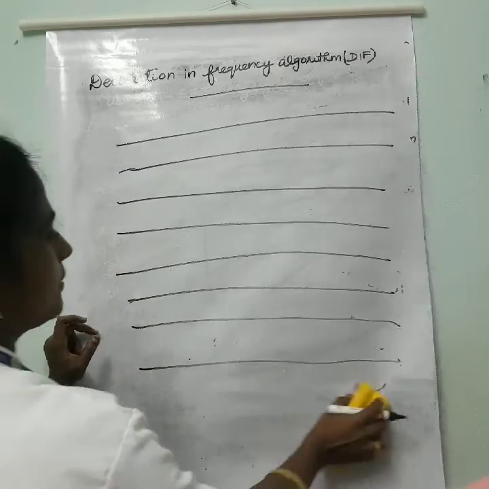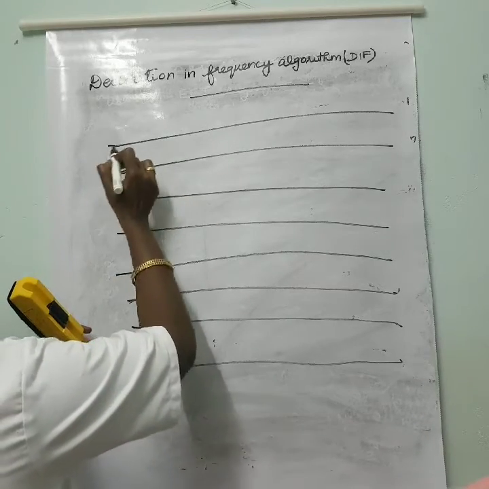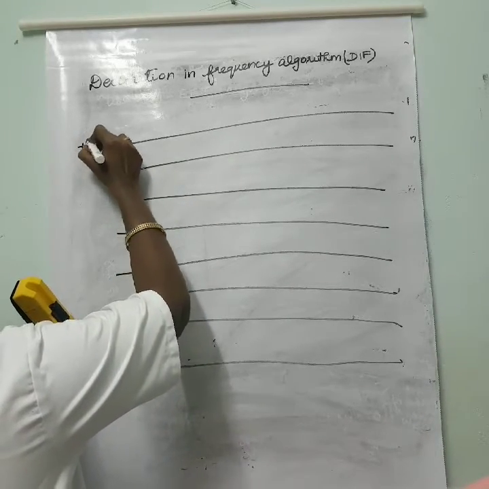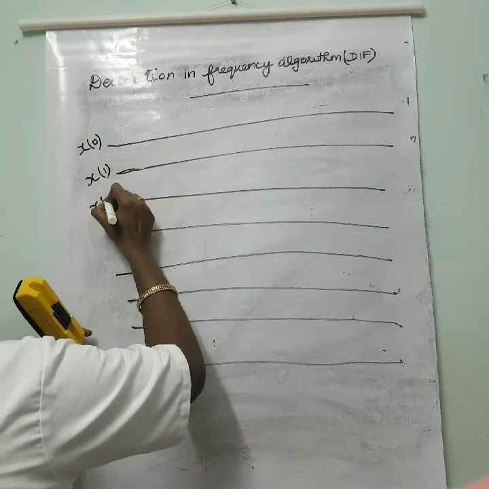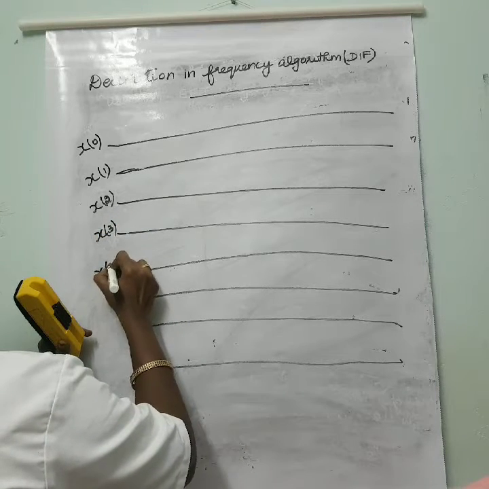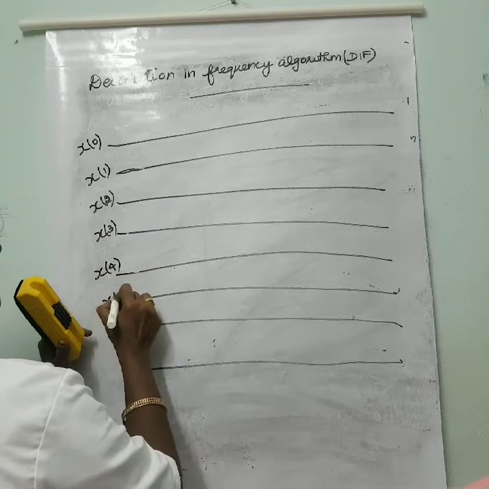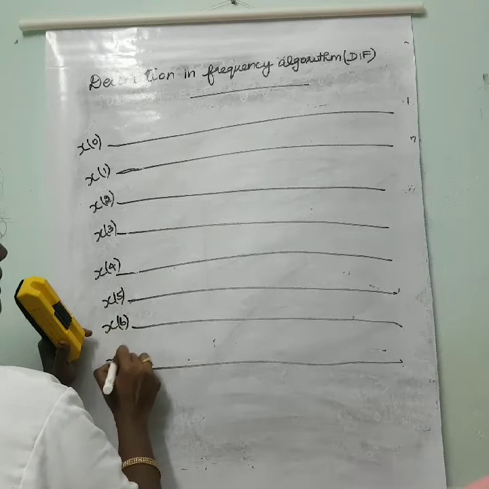So our input will be x of 0, x of 1, x of 2, x of 3, x of 4, x of 5, x of 6, x of 7.